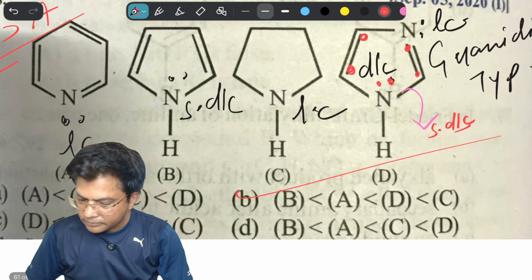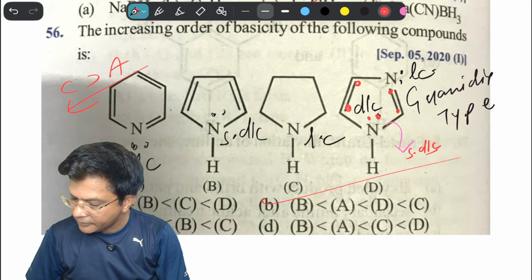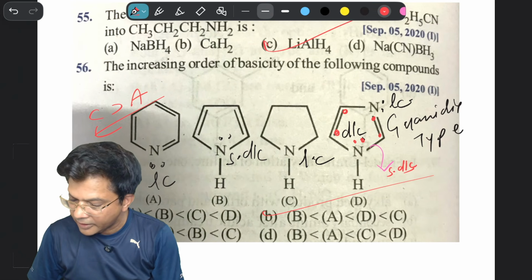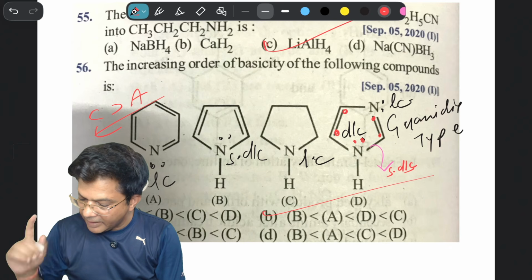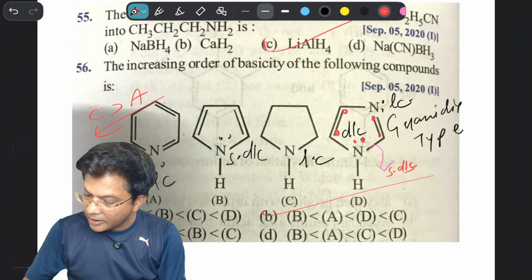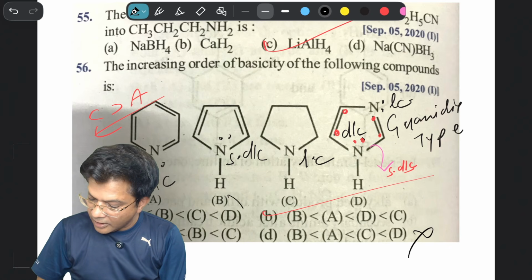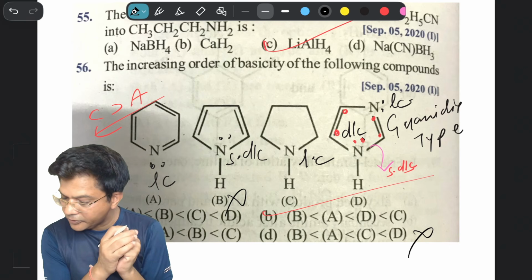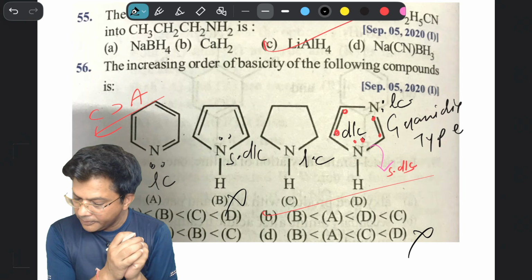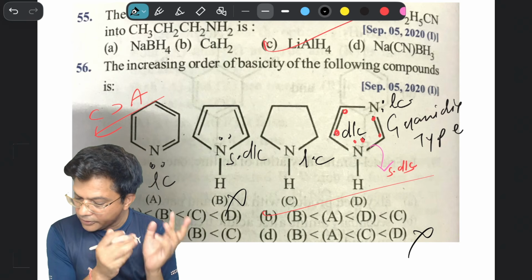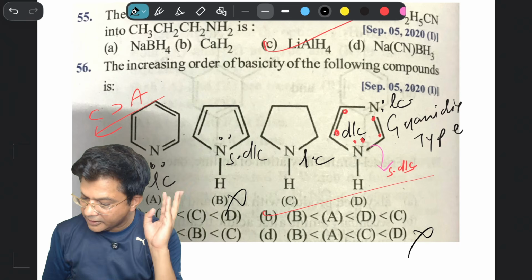But what type of answer? Why have I marked B? Let me check it out. C is maximum, so this can't be the answer and this can't be the answer. So there are two options. After C there will be A. Now in both there are C and A given at the third position.